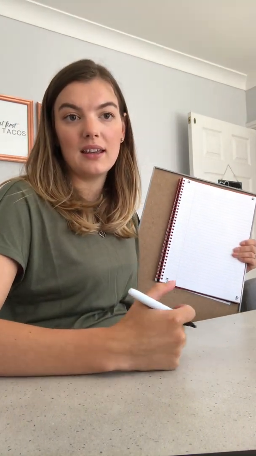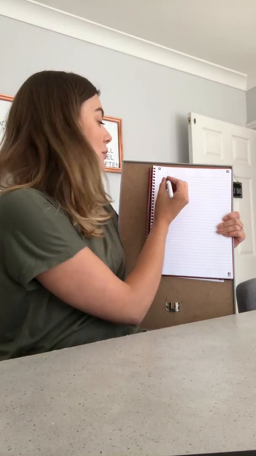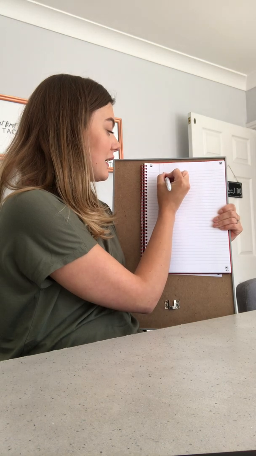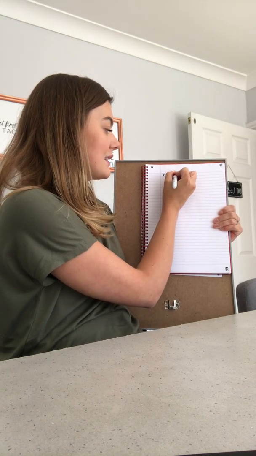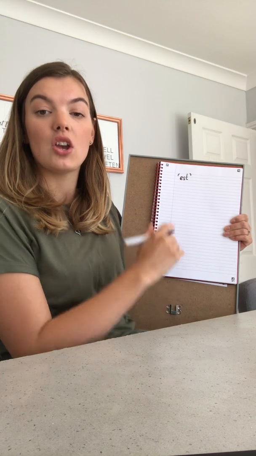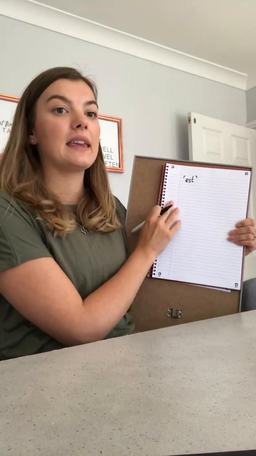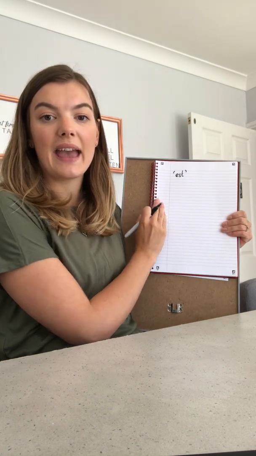So a superlative adjective is used to compare one person, action or thing, similar to your comparative adjective, but the difference is you add the suffix est onto the end. So whereas the comparative was er, the superlative is est.